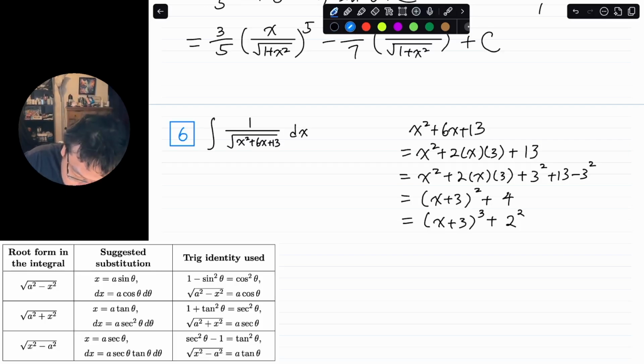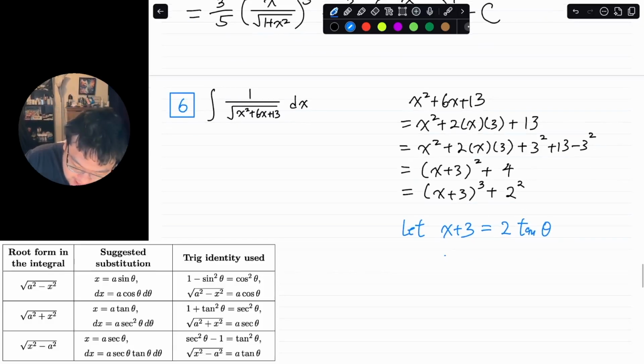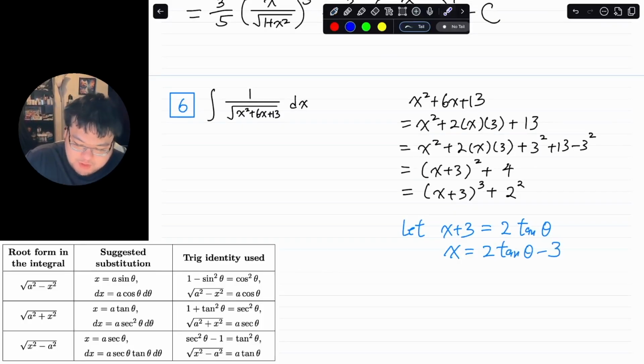So I will let x plus 3 equal to a tangent theta. So a is 2, so 2 tangent theta. So that means x is 2 tangent theta minus 3.